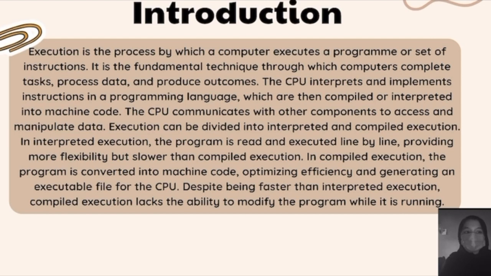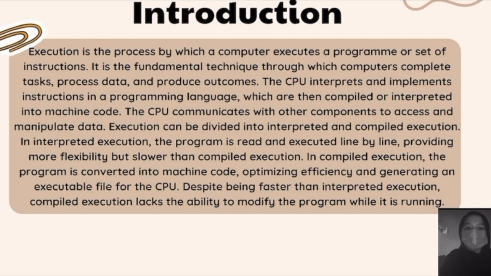In compiled execution, a compiler completely transforms a program into machine code before it is performed. This translation process makes the application more efficient and creates an executable file that the CPU can use to run the program immediately. Although compiled execution is frequently quicker than interpreted execution, it does not allow for program modifications while it is in use.